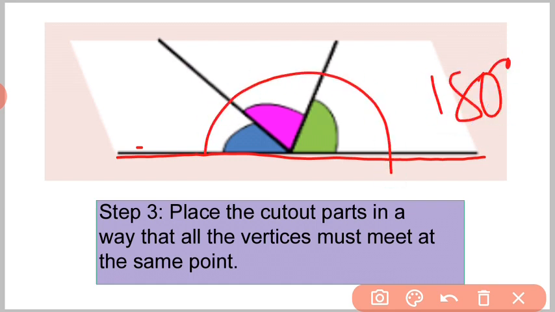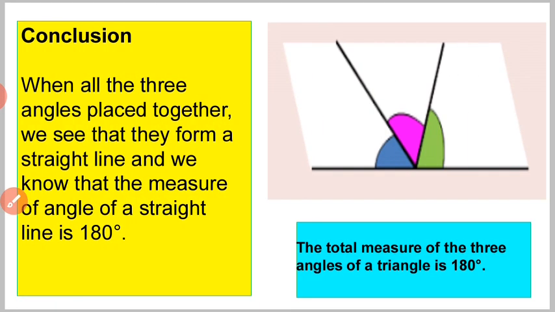So we can say from here that when we add all the angles of the triangle, the sum is 180 degree. So this is angle sum property of a triangle. The total measure of three angles of a triangle is 180 degree.